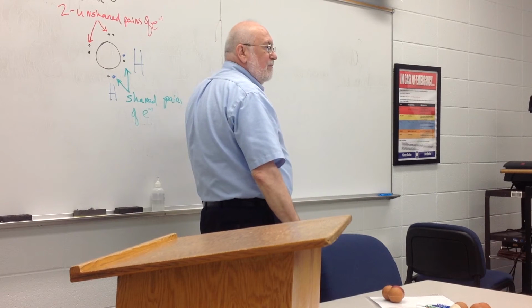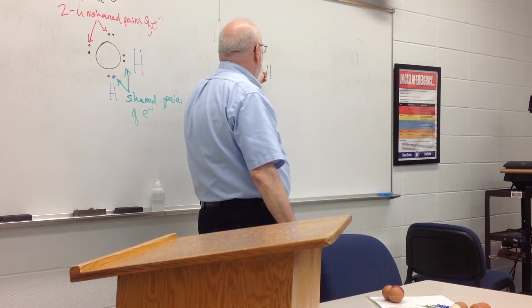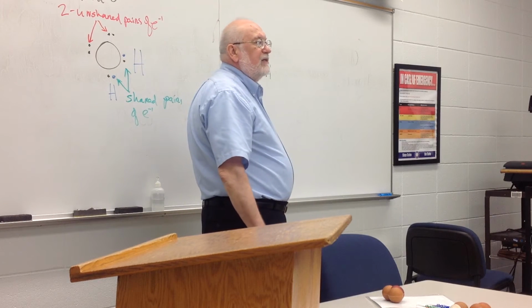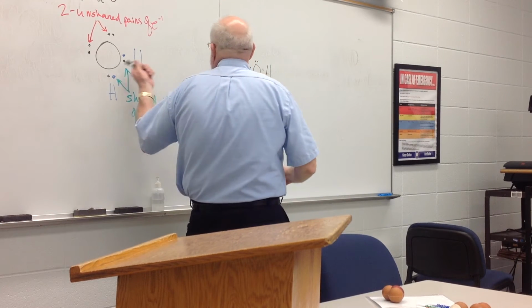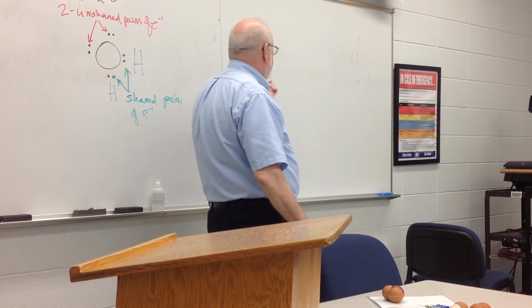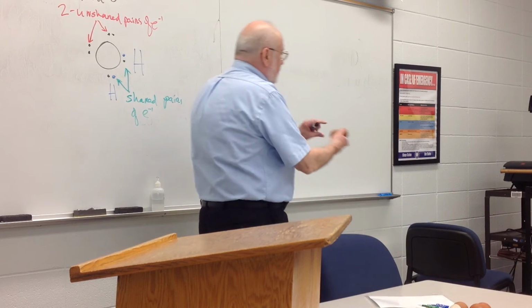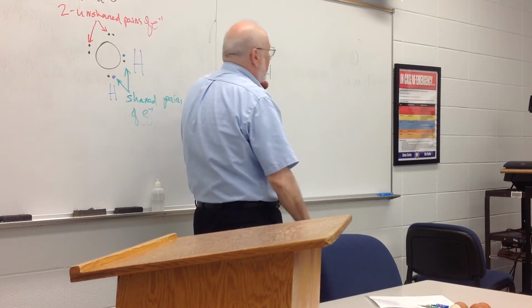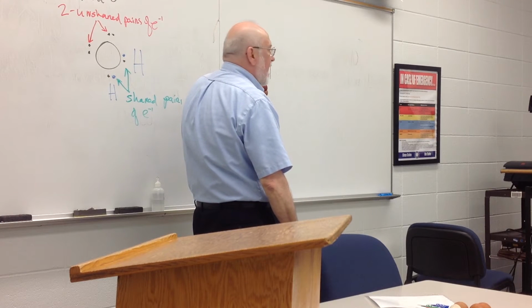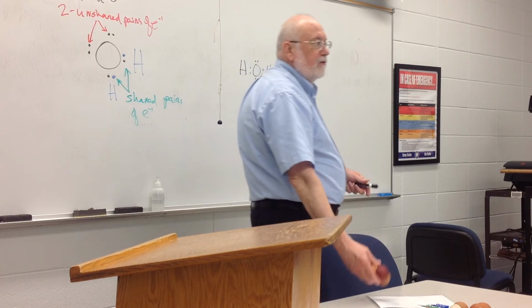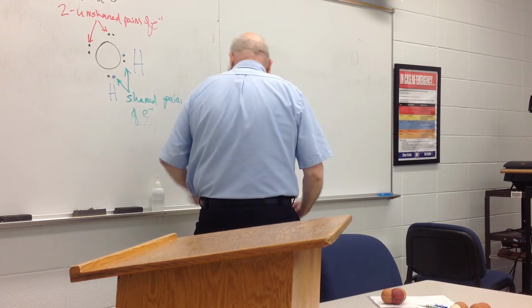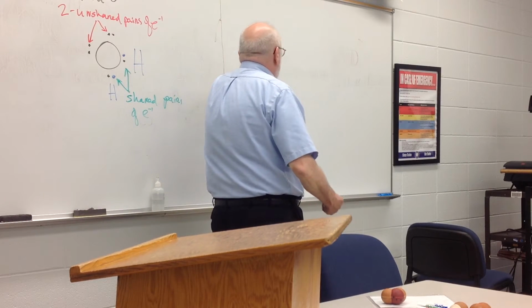Why? 3-atom molecule with what? Unshared pairs on the central atom. That's closer to the shape than this is. Although, if you look at it from this perspective, that's the way it would look. But you know, to determine it's actually a bent or nonlinear shaped molecule. Okay? So the rules help you out.